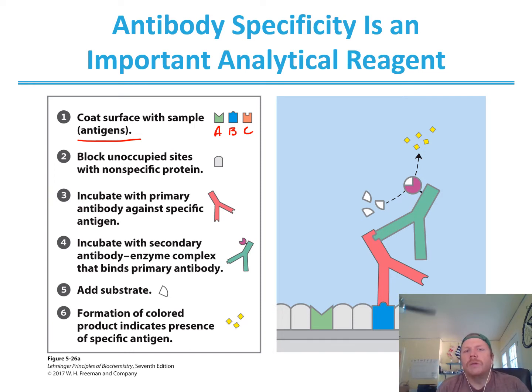What you're going to be able to do with this is known as an ELISA, as I said earlier, enzyme-linked immunosorbent assay. You're going to be able to tell whether or not you have a specific molecule present. So what you will do is coat a surface with specific antigens. Then you're going to wash that with what's known as a blocking solution.